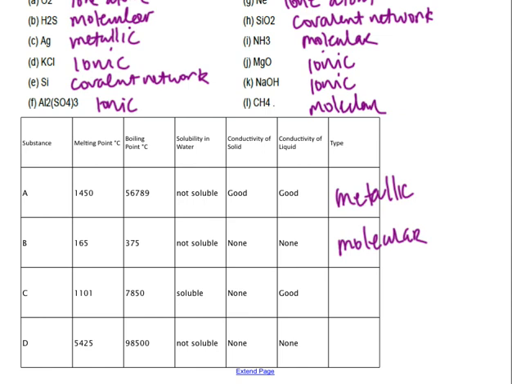The next one, pretty high melting point, soluble in water. The solid doesn't conduct, but it conducts as a liquid. Ionic. And then this last one, ridiculously high melting points. The boiling point is 98,500. Not soluble in water and does not conduct electricity. This is a covalent network. It's on steroids or something.